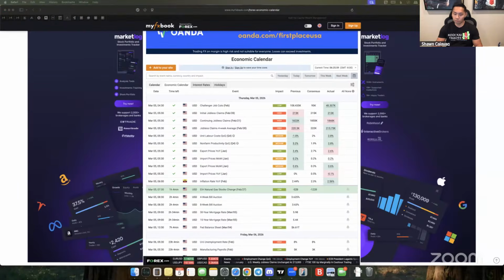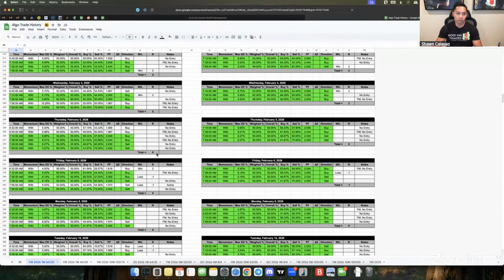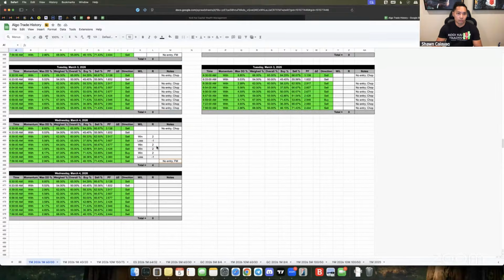Let me see if I could open another one. Yeah, if you guys looked at the algo entries from yesterday, they were really good, and I didn't change them. I've been keeping the same ones from what I pulled on Sunday. Yesterday they were pretty solid. It was a 6 hour day for the algo entries.